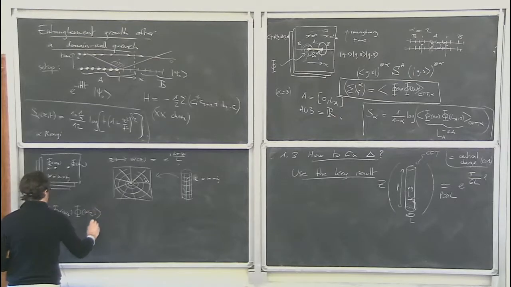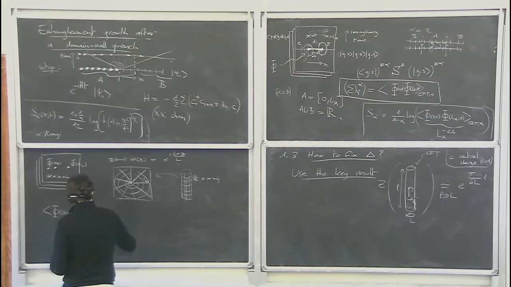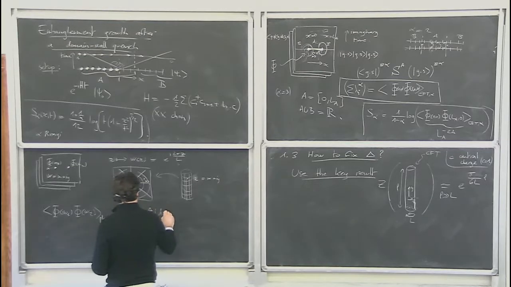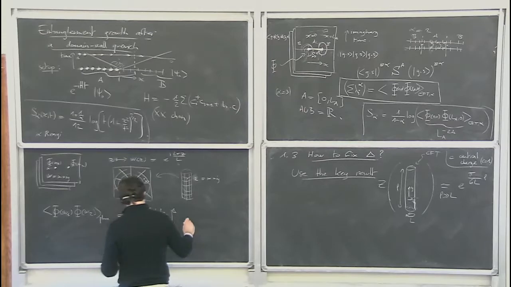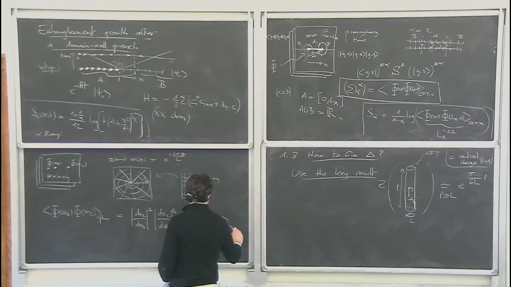Now we use Andrea's question. So the phi is local, and it transforms like a primary operator, and so we are allowed to write this on the cylinder.